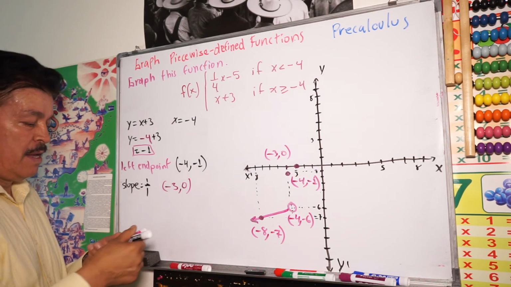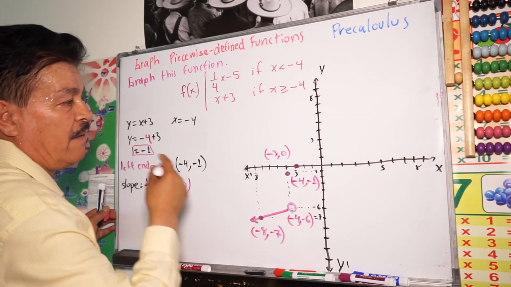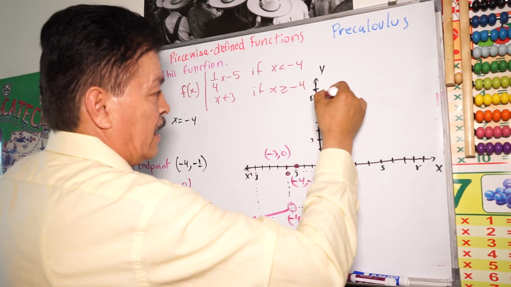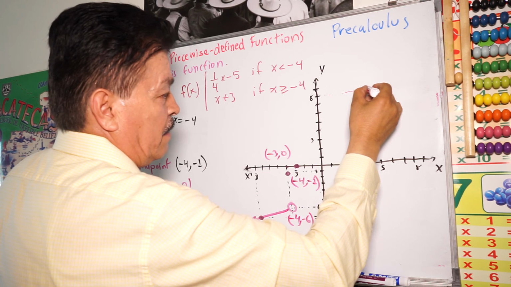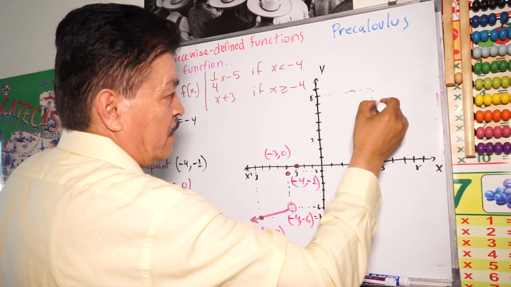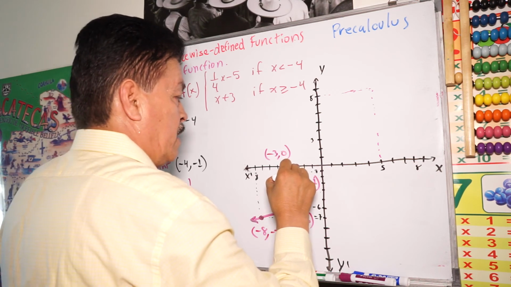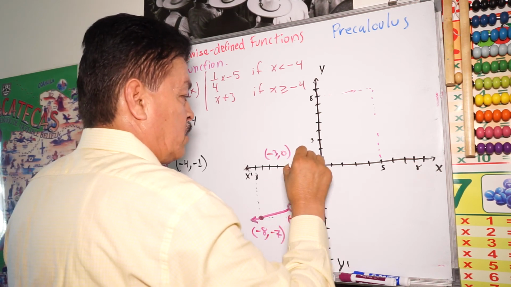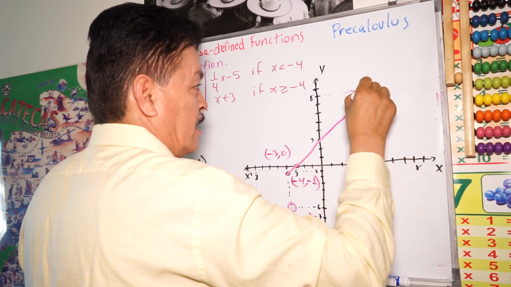Then you make the graph. I don't have a ruler right here, but you draw the graph. It passes through 3, 0 like this. See?